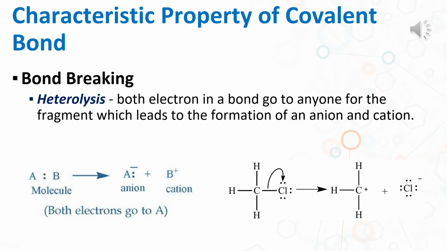When the hydrogen chlorine bond breaks heterolytically, the hydrogen becomes H positive and the chlorine becomes Cl negative. Or it is an anion and cation as its byproduct, okay, or the product of the reaction.